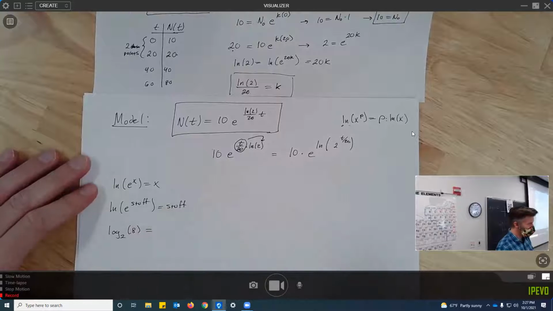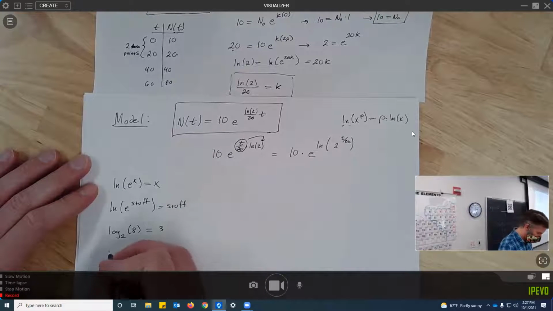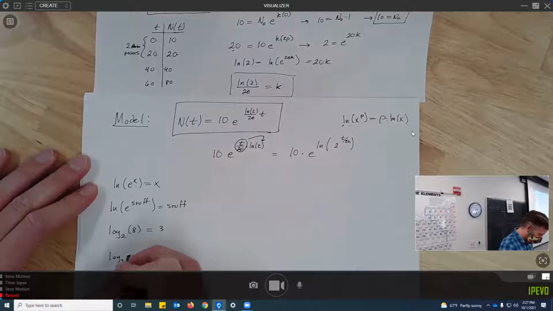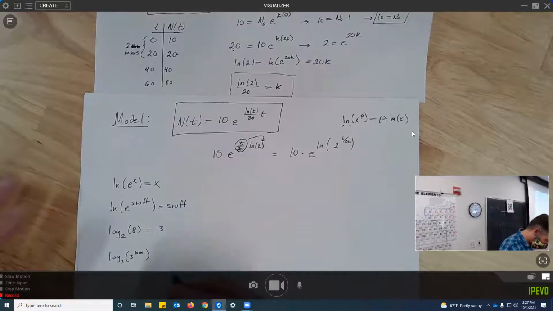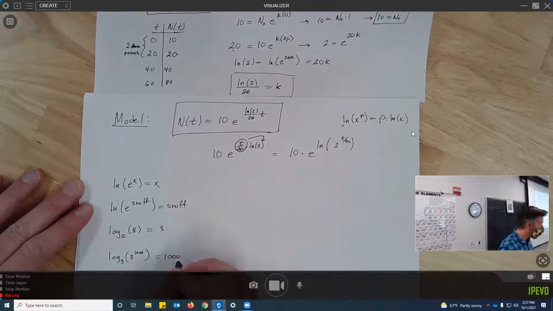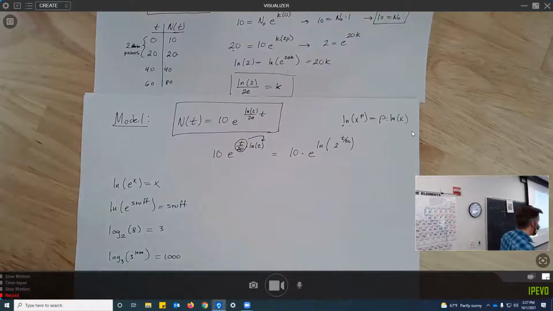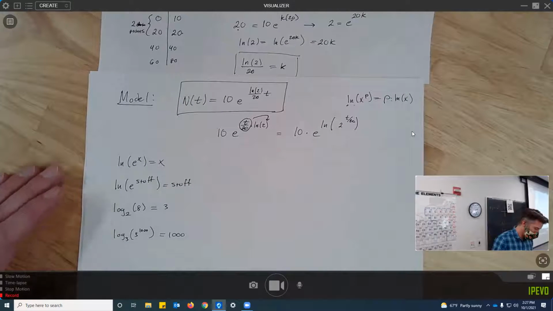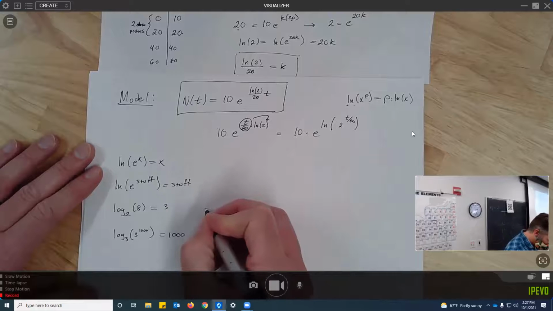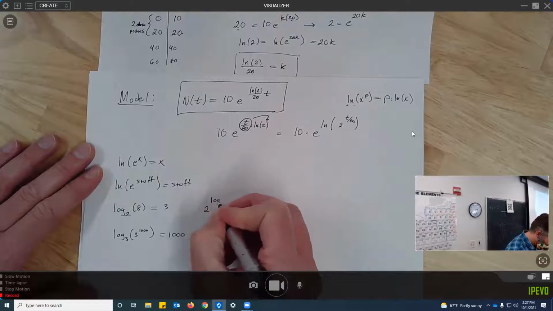So here's another relatively not terrible question. What's log base 3 of 3 to the 1000th power? Obviously it's going to be 1000, because you're asking the question, 3 to what power equals 3 to the 1000th power? The answer is 1000. Well, it works the other way too. Meaning, what about 2 to the log base 2 of 8?